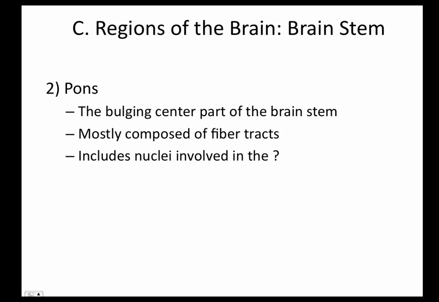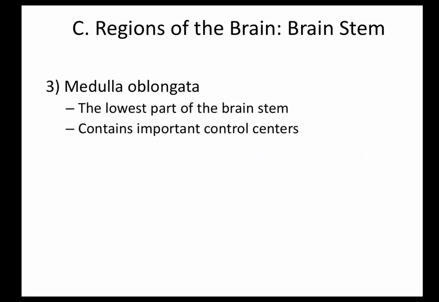Looking then at the pons, this is that bulging center that's part of that brain stem, composed of fiber tracts, and it has nuclei involved in the control of breathing. And then the next region of the brain stem that also controls breathing is the medulla oblongata. So it's found in the lower region of the brain stem.